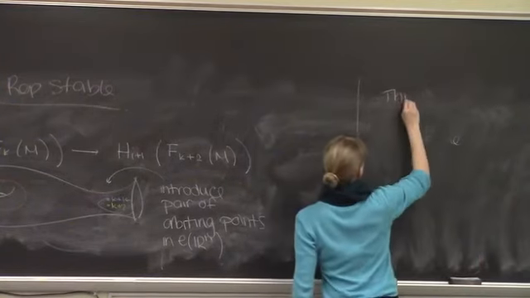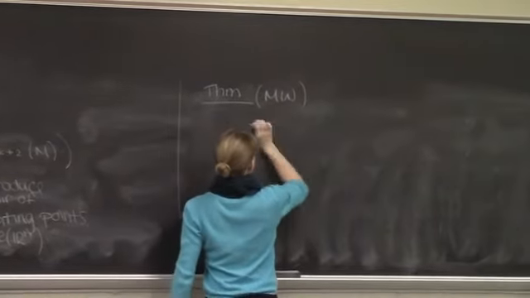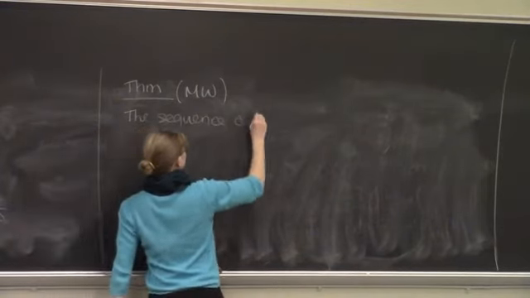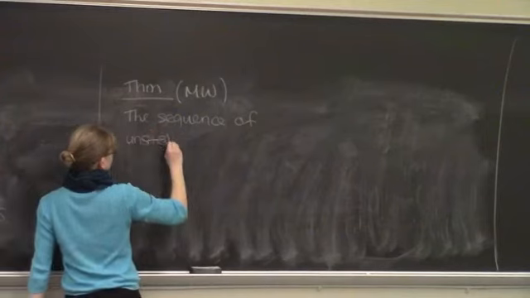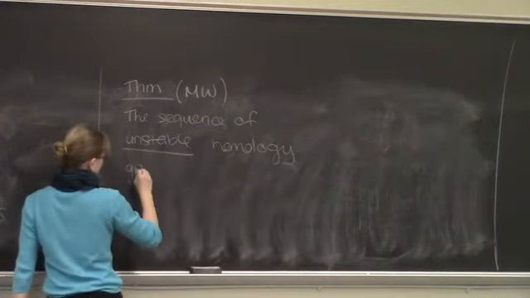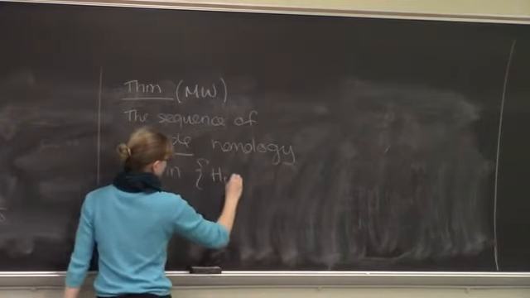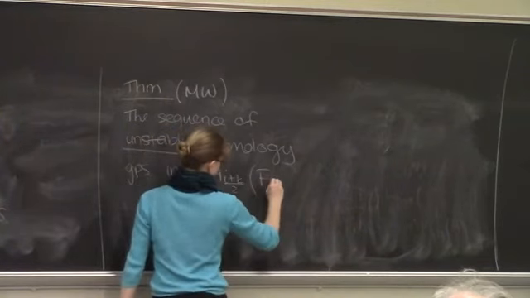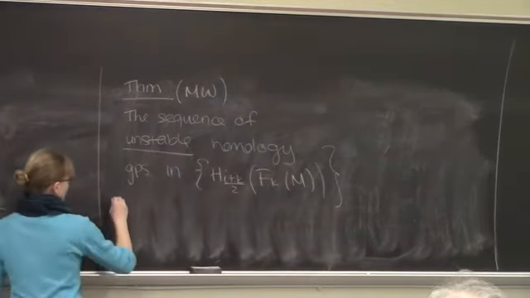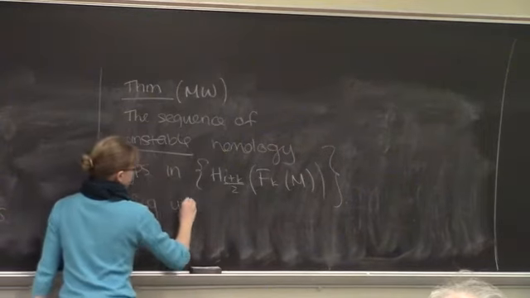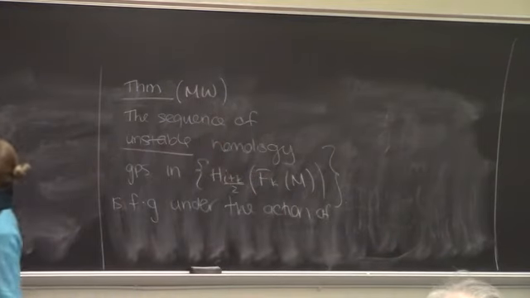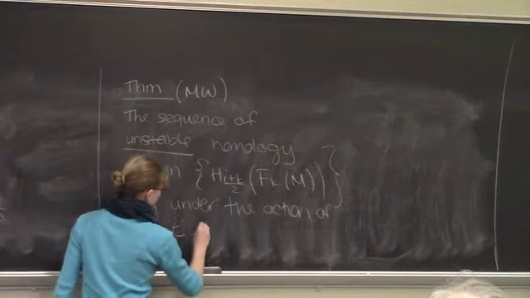And the theorem is the following: that the sequence of unstable homology groups in this diagonal sequence of homology is finitely generated under the action of this map T prime and the symmetric group.